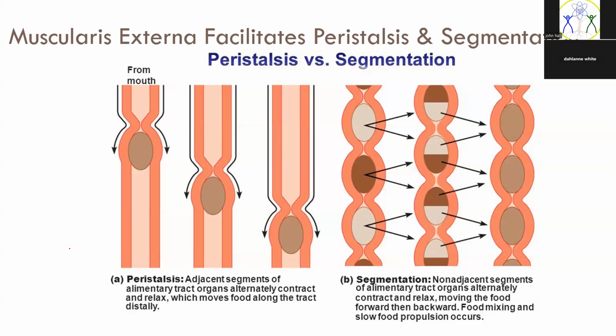In segmentation, that's pretty much what you're doing. You're taking a bolus. You all know bolus from CSEC, which is basically the food that you swallowed moving into the digestive system. What you do is you take this bolus, and then you secrete enzymes onto the bolus. So you can say, here's a bolus, here's some enzymes.